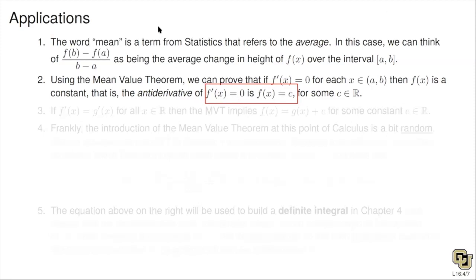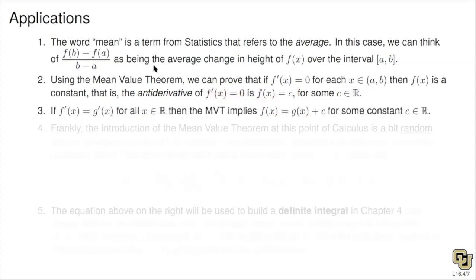By the way, this is also a very trivial differential equation, but it is our first differential equation that we've solved. Antiderivatives and differential equations are a big part of calculus. Here's another integral or antiderivative type result that we can prove using the mean value theorem, and I won't go over the proof.